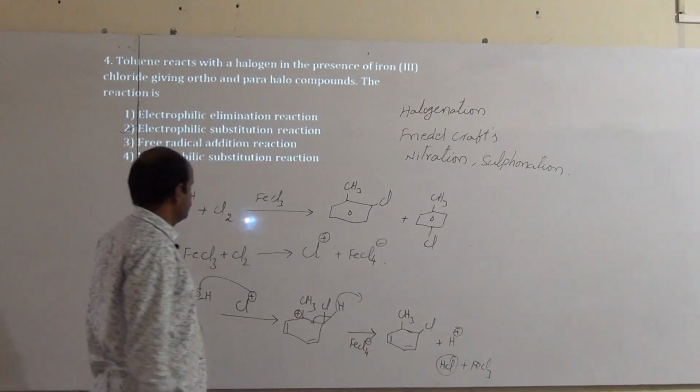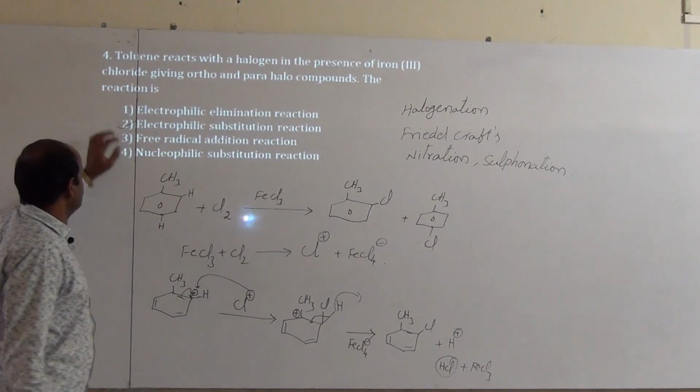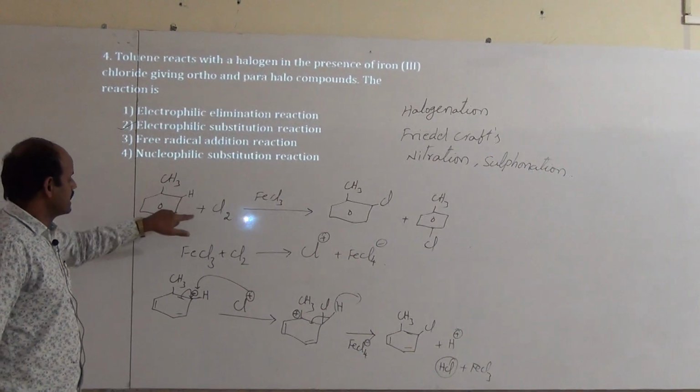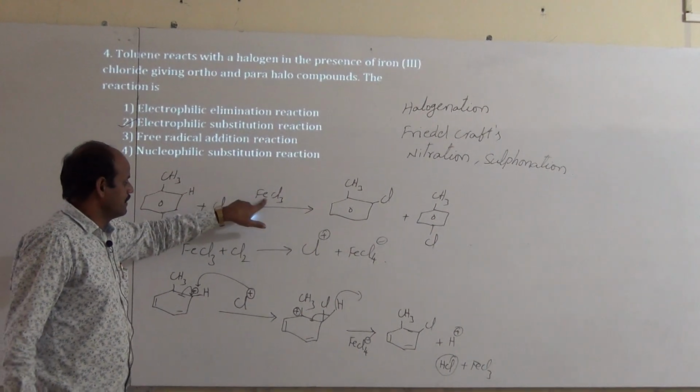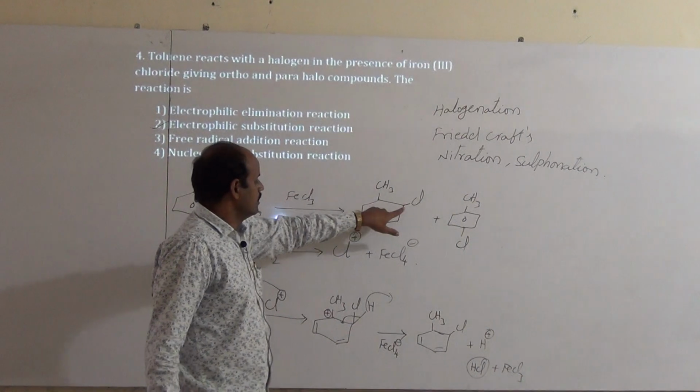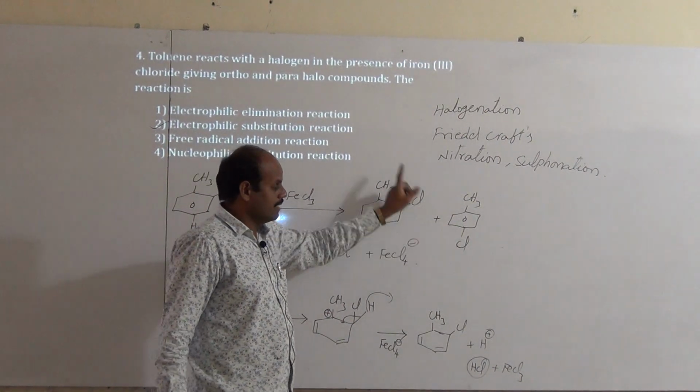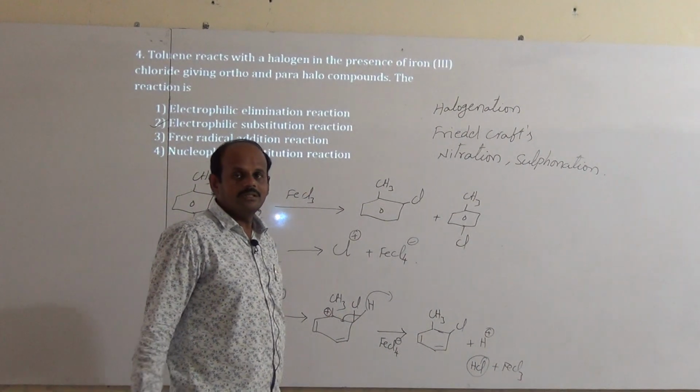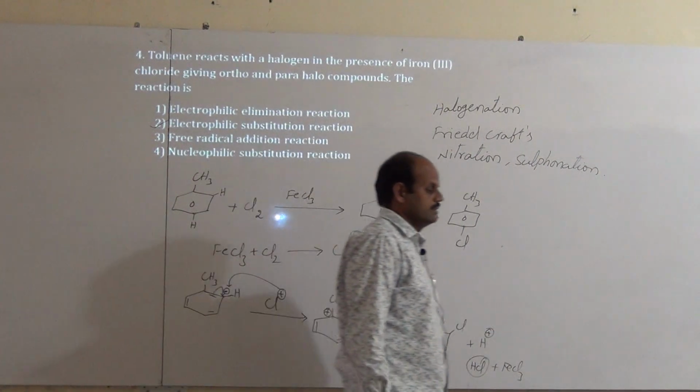Thus toluene undergoes electrophilic substitution reaction with halogen in the presence of Fe3 chloride. Then we get ortho and para halo compounds. It is an electrophilic substitution reaction.